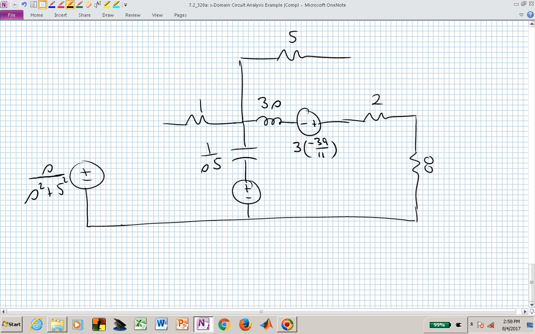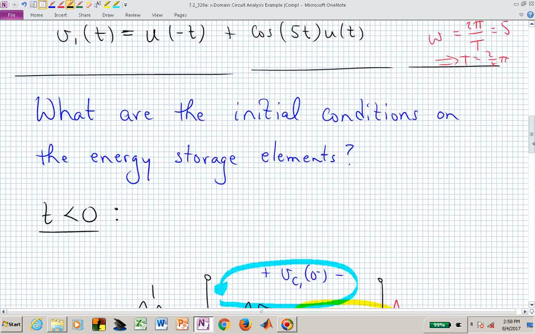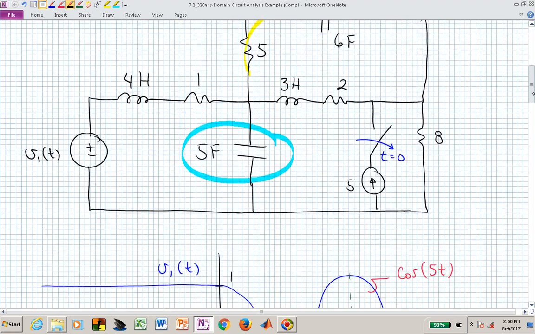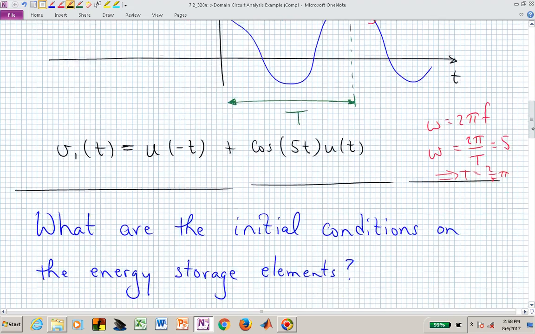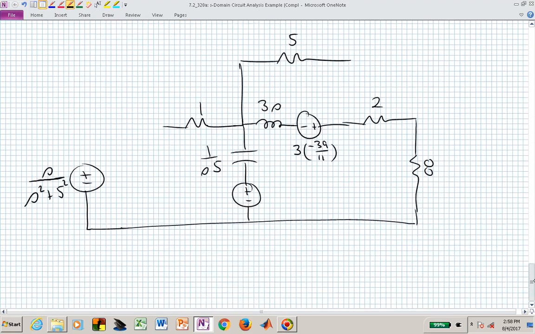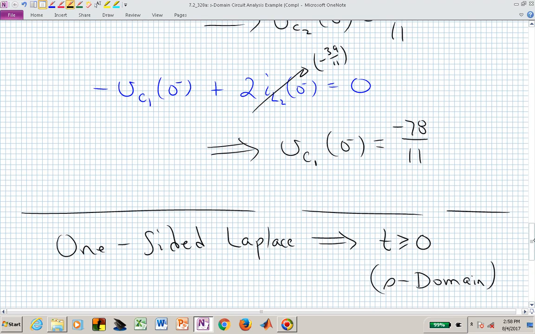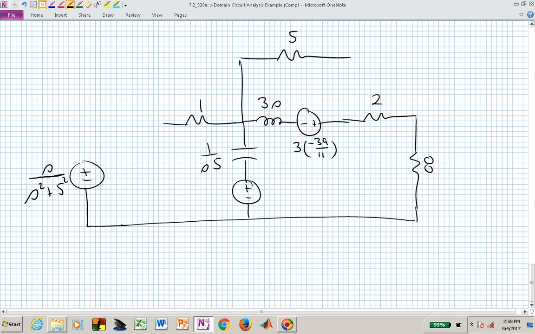And this particular impedance then, voltage source is going to be determined by the initial condition on that voltage, which was V sub C sub 2. V sub C sub 2 is 50 over 11, and we need to divide that by S. So here we have 50 over 11 divided by S. There's the initial condition of capacitor 2. So we're sort of going in reverse in terms of how I've labeled those.